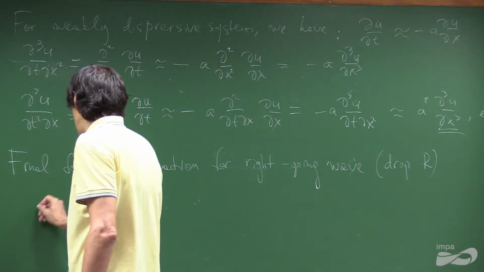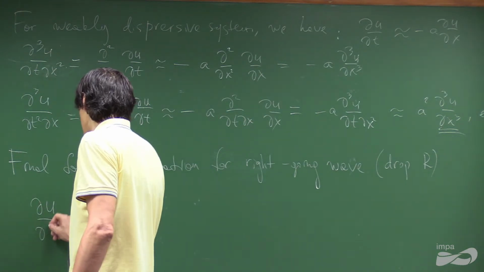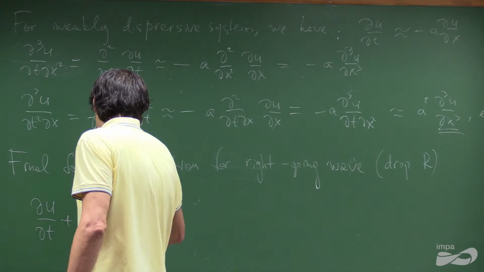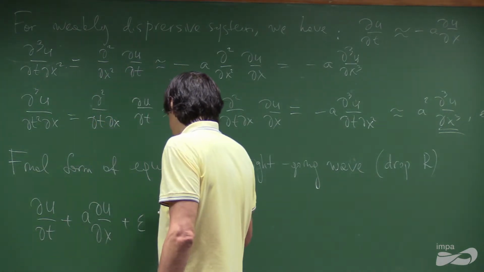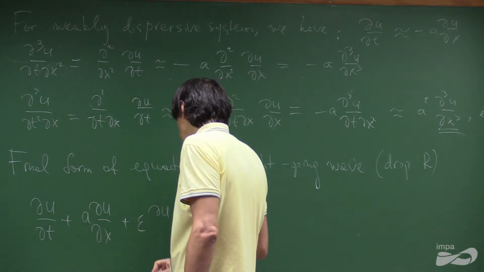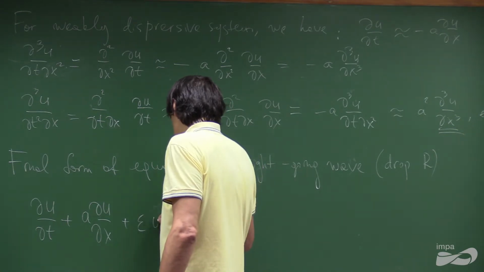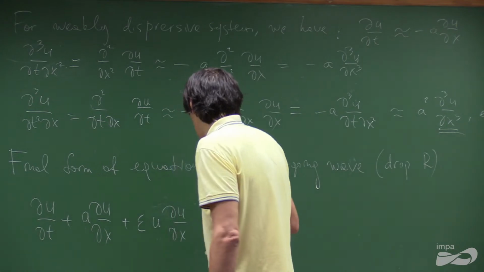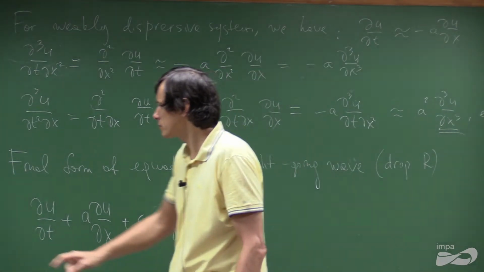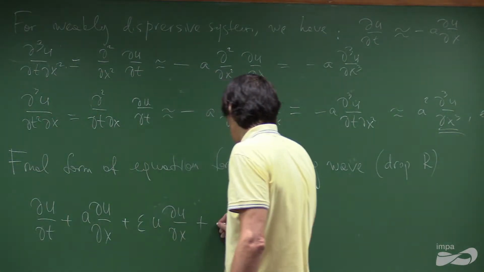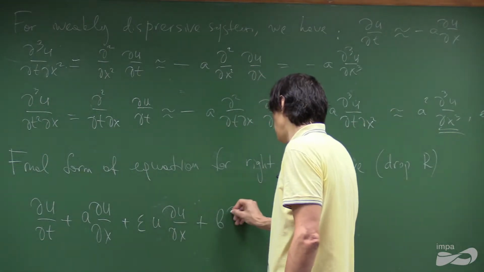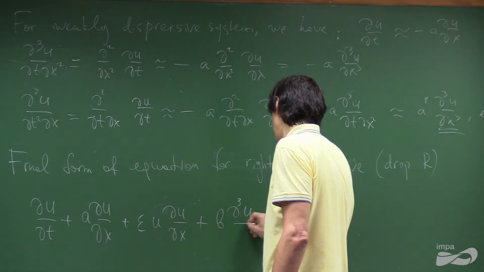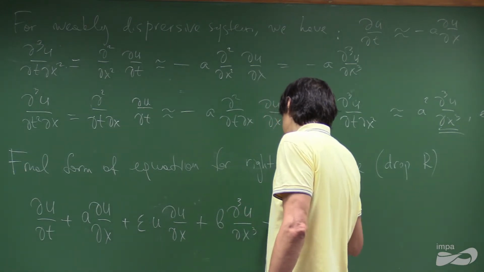So we get du/dt plus a du/dx, then plus epsilon u du/dx, and then plus this term with some coefficient, put b, d³u/dx³.